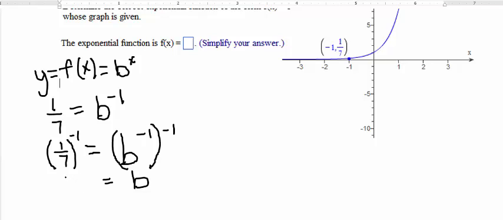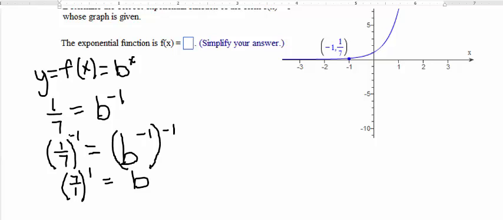And notice 1/7 to the -1, going back to the rules of exponents, can be changed. If I want to change the sign of this exponent to 1, I have to invert what it's being applied to.